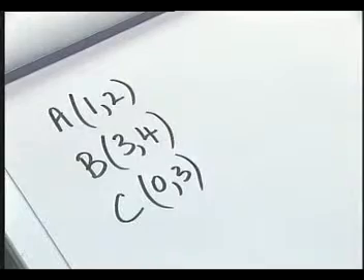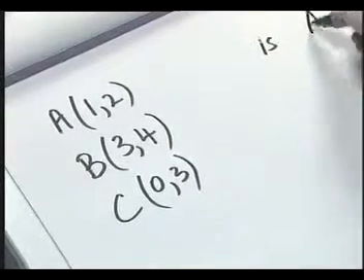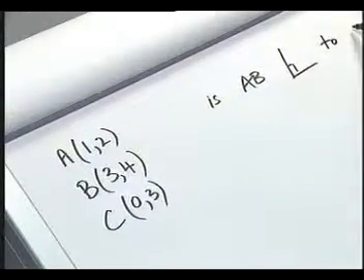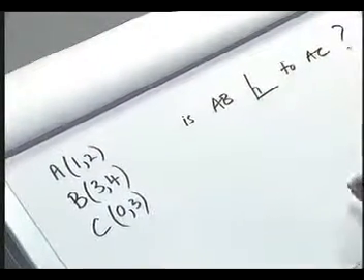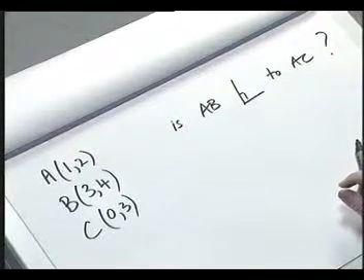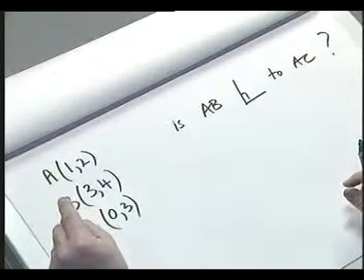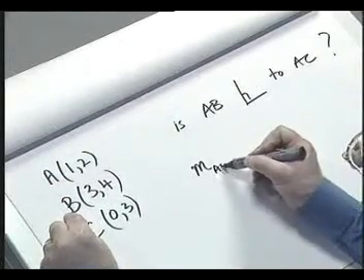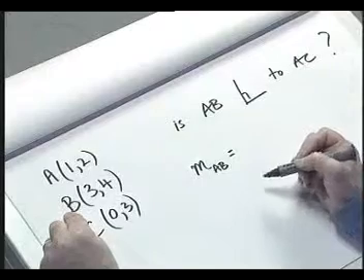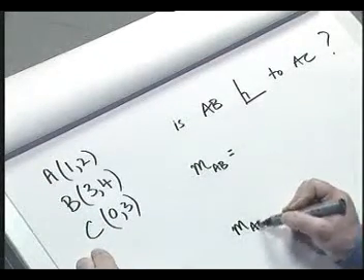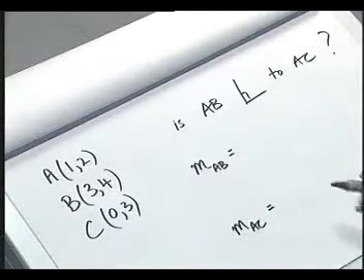And we'll ask ourselves the question, is AB perpendicular to AC? Well, we'll do this by calculating the gradient of the line from A to B. Let's call that MAB. And then we'll find the gradient of the line from A to C, and we'll call that MAC.